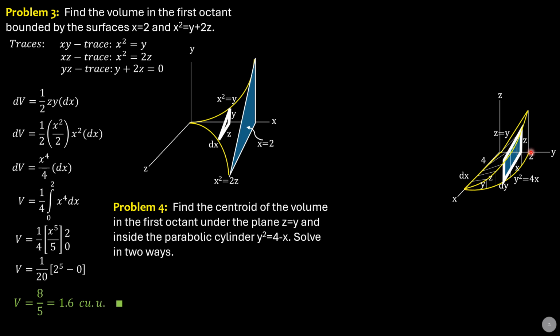Then when x is 0, y is plus or minus 2. The other, negative 2, is not shown here. We just reveal the volume in the first octant. So that's why we have here y is 2 units. Then this is the plane z equals y, making 45 degrees with either the y or the z axis. So this is now the solid.